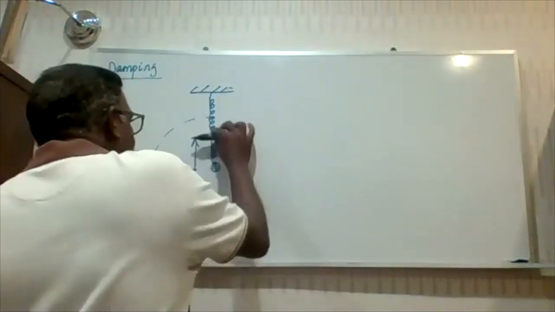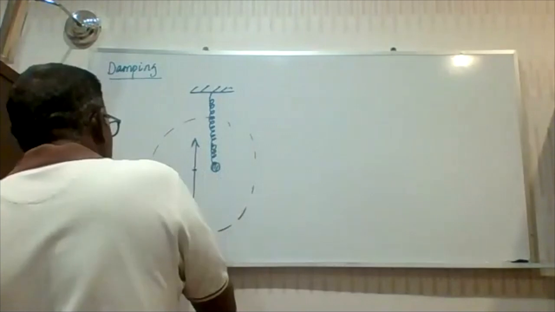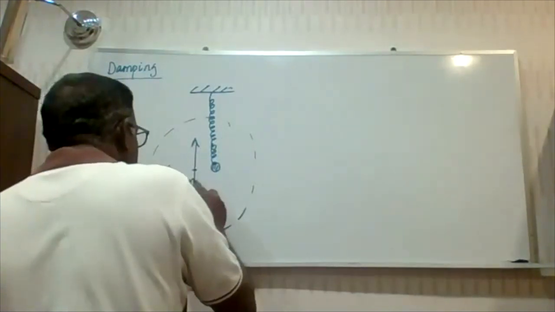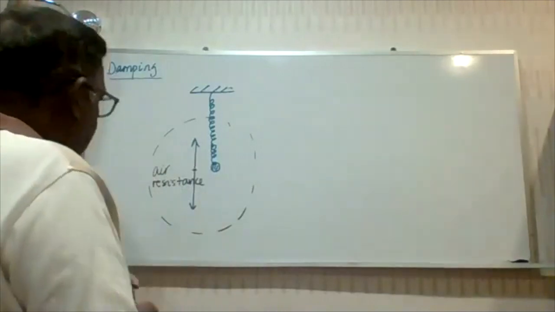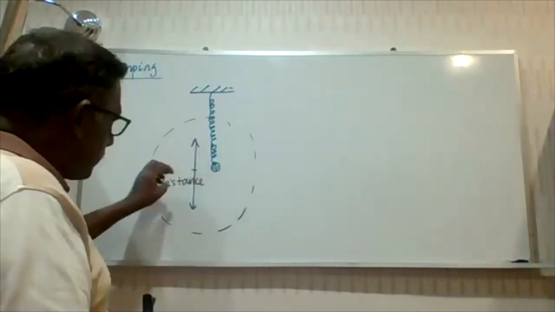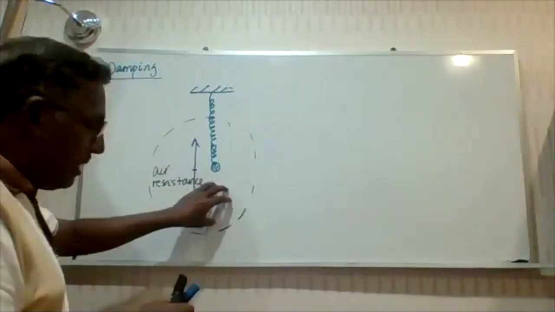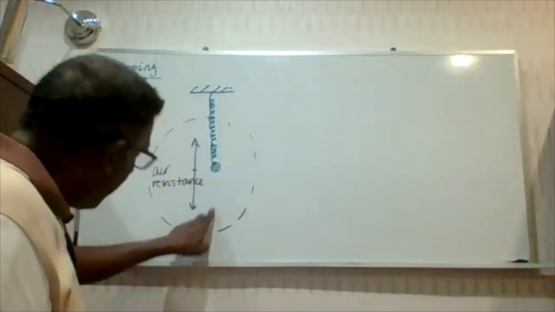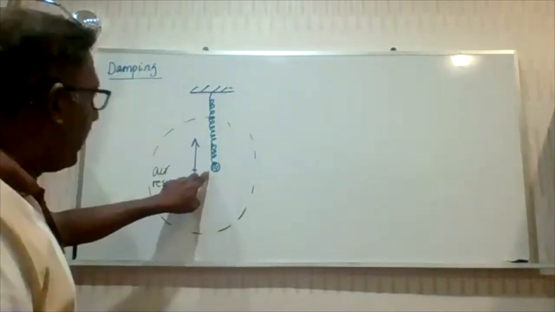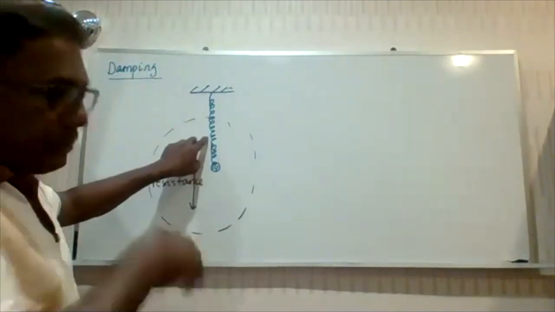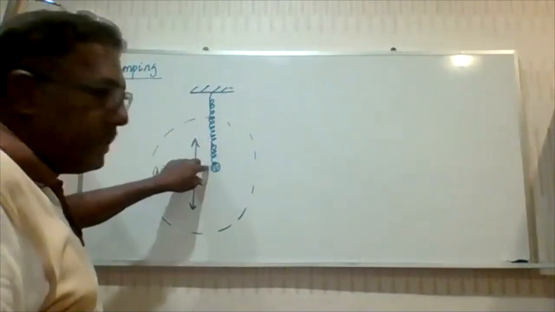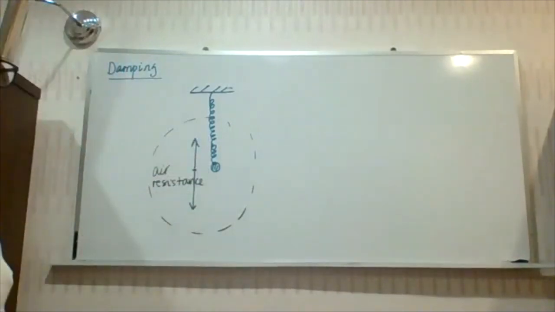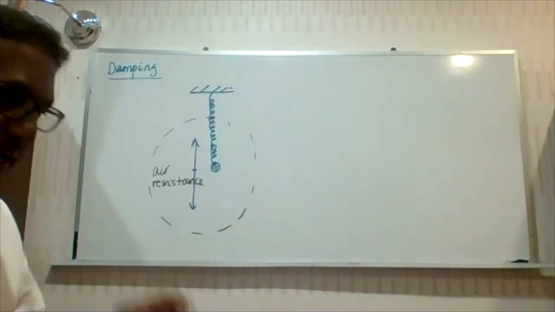So when it goes up and down, the system is opposed by air resistance. So air acts as a resistance. This system must move the air molecules and push its way through, go up, move the air molecules, come down, and it has to keep on doing that. That is what we call air resistance, and in that way, it's losing energy.